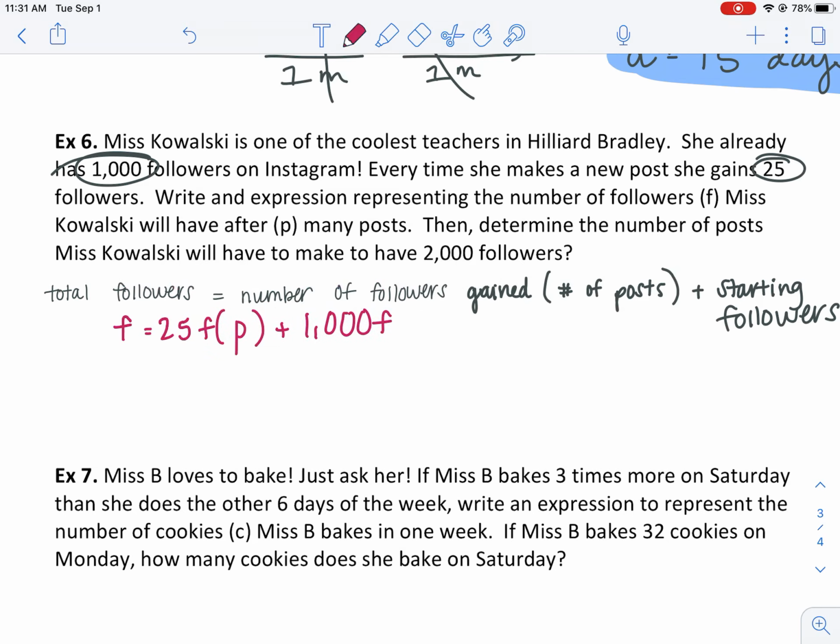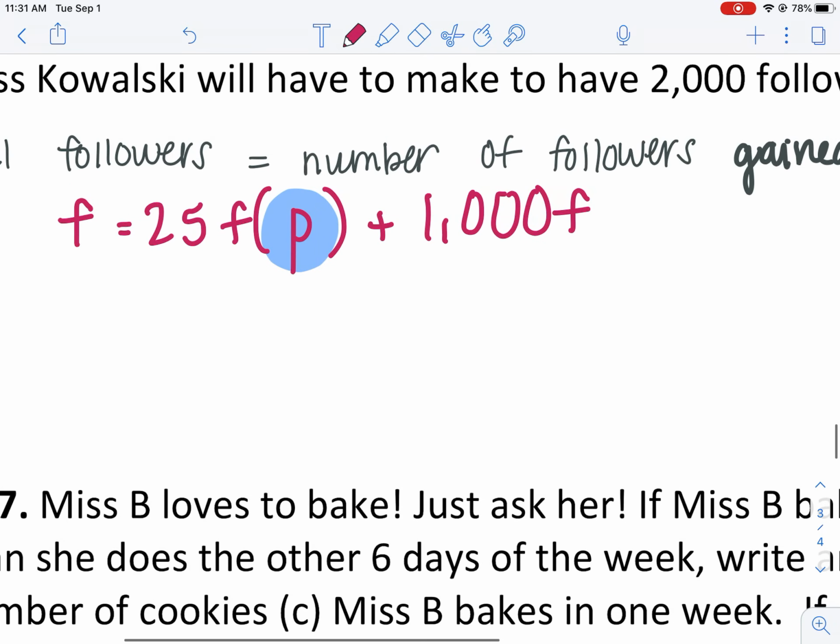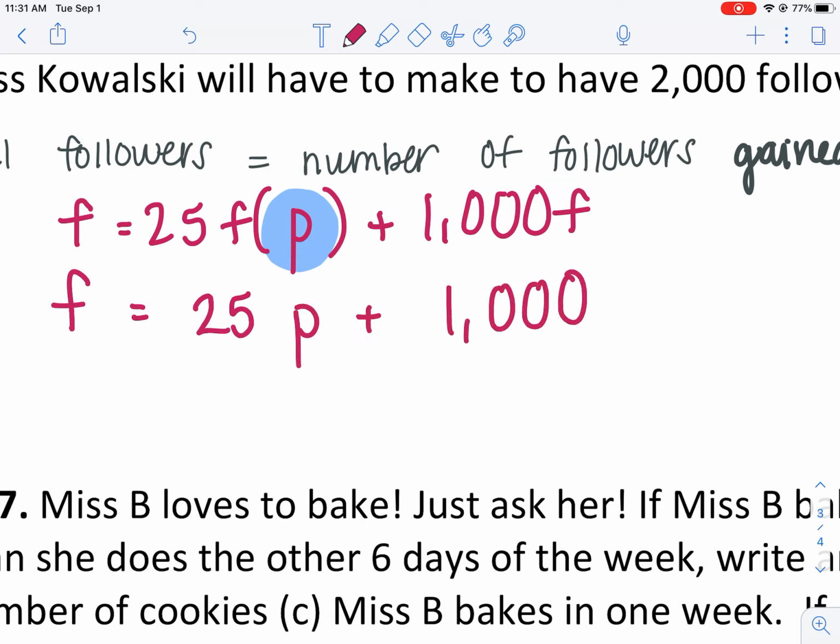There we go, okay? And if we wanted to make this just with that changing variable, okay, so I'm going to have this be my total is equal to 25P plus 1,000. Okay, I do that just so it makes it easy for us to solve for that variable that we're looking for.